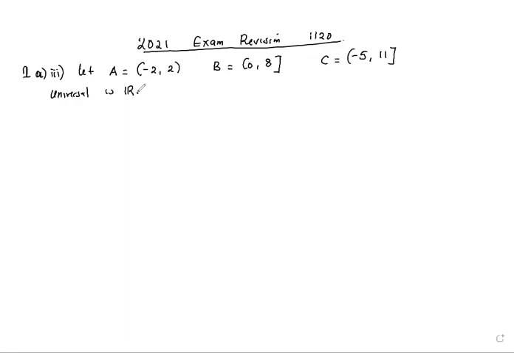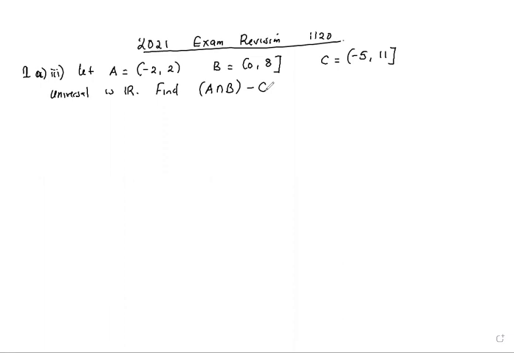What should we find? Find the set A intersection B minus C, and express your answer in interval notation. Or you can even add that, let the answer be on the number line and see what happens.